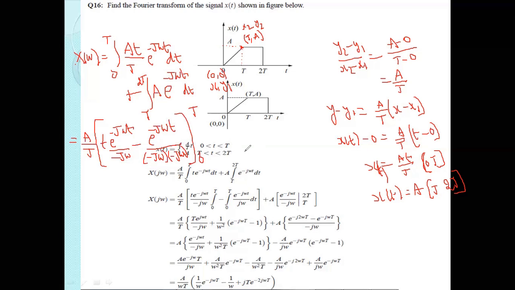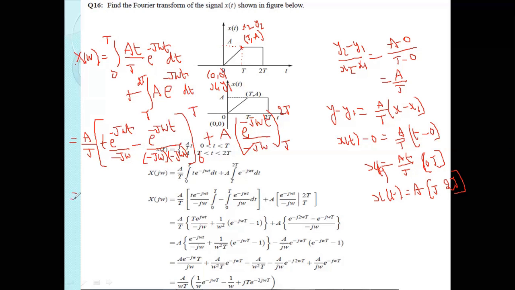Two times we apply the integral of e power minus j omega t. Plus, A is a common term here, and the integral of e power minus j omega t by minus j omega, with upper limit 2T and lower limit T.